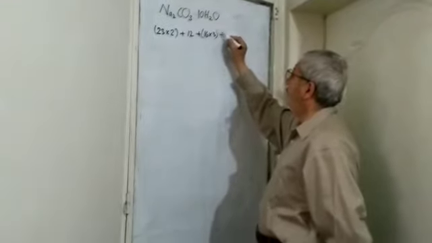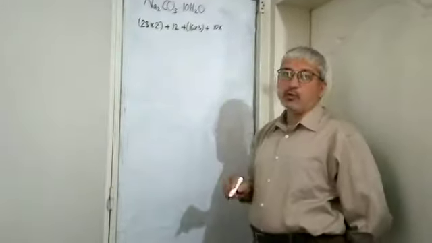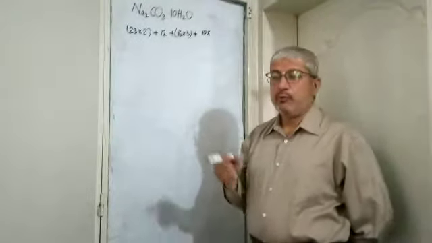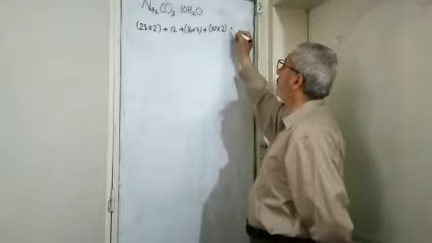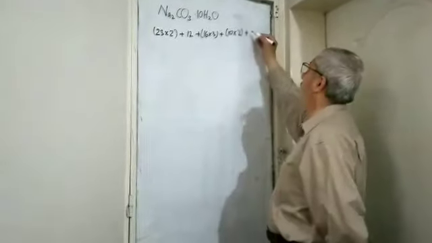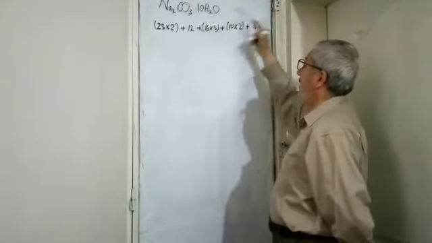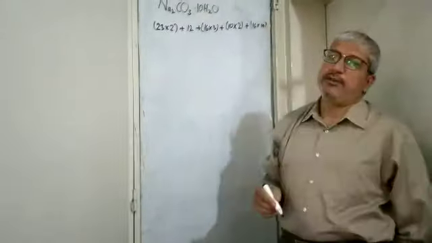So what will you do? Plus 10 into, because there are two hydrogen atoms, so it will be 2 plus oxygen with atomic mass of 16, multiplied by this 10 again. So this will be the answer.